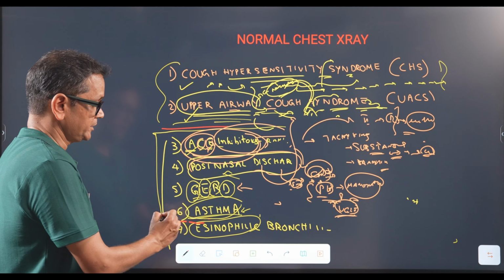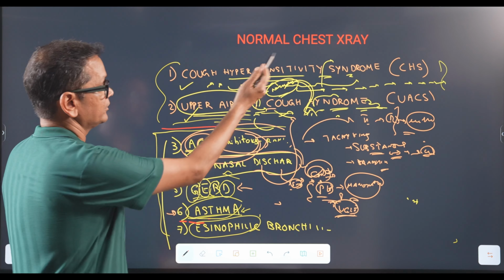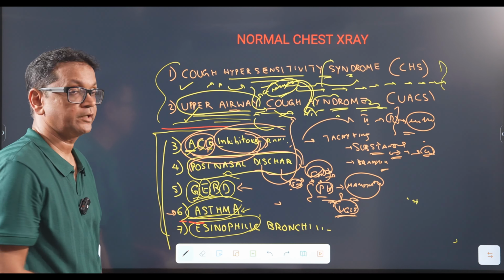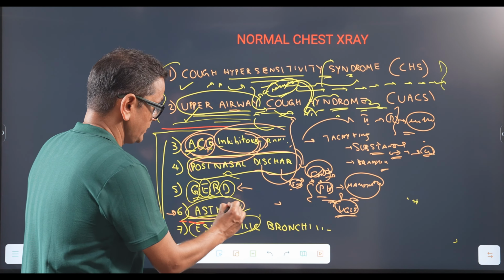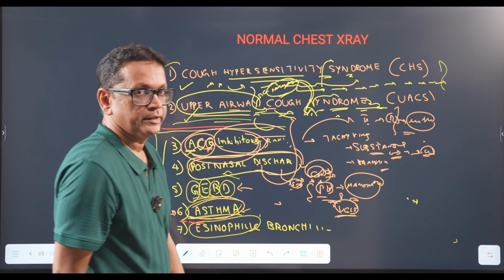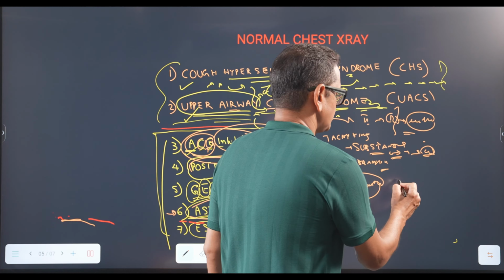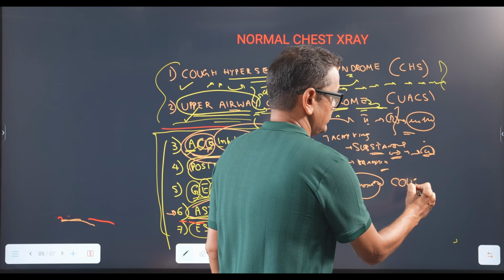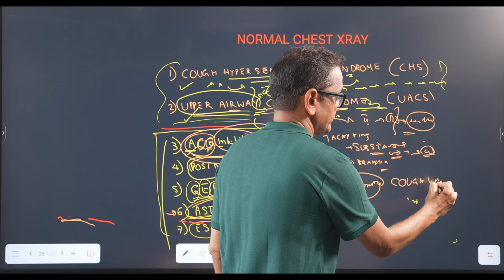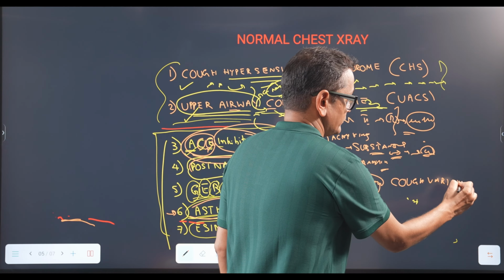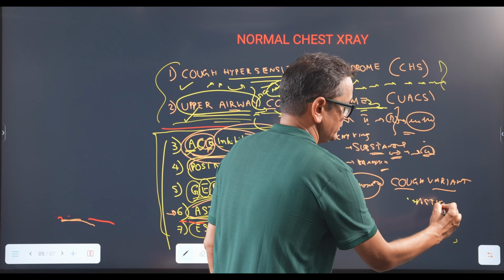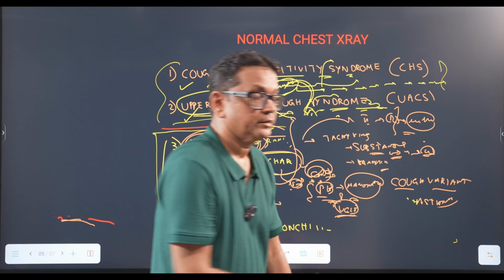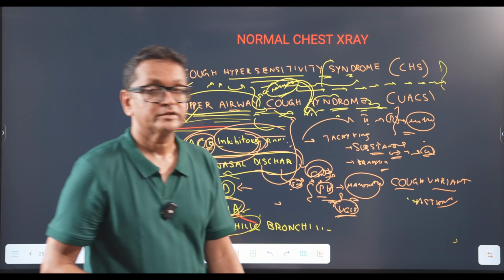Coming to another important etiology of chronic cough with a normal radiograph, especially in children, is asthma. It is dubbed cough variant asthma, where the child manifests only with a simple dry cough on exposure to cold air or in winter months.